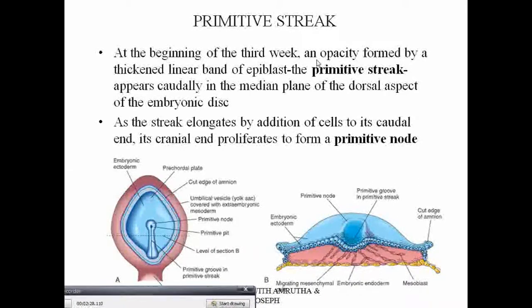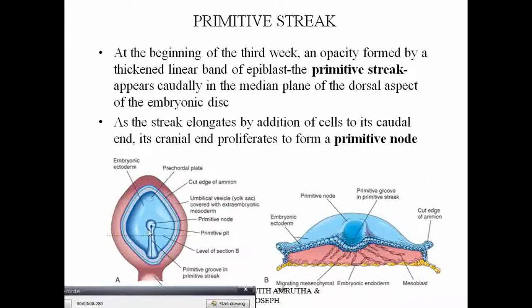Now at the beginning of the 3rd week, an opacity formed by a thickened linear band of epiblast is called the primitive streak. So an opacity is going to appear in the epiblast. This is the bilaminar disc where the epiblast is seen. We are seeing a superior view where the epiblast is going to have some special cells, or a thickening of that area, and that is called the primitive streak.